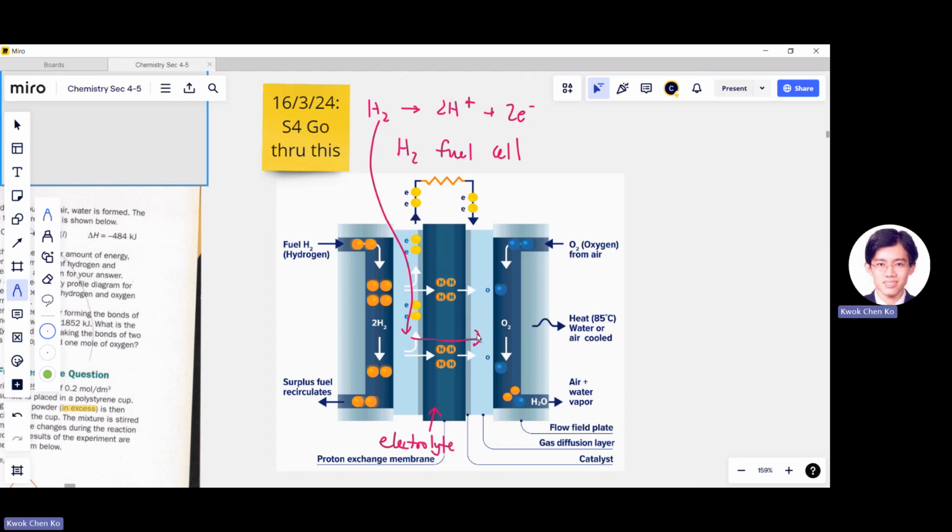Once the H+ reaches here, it will combine with O2, and the electrons will also enter here, and all together you get 4 H+ plus 4 electrons plus a molecule of oxygen, and that gives you water. So oxygen goes in here, water comes out there.